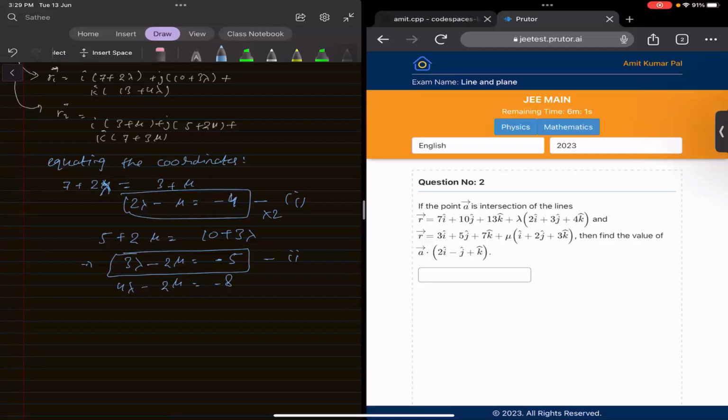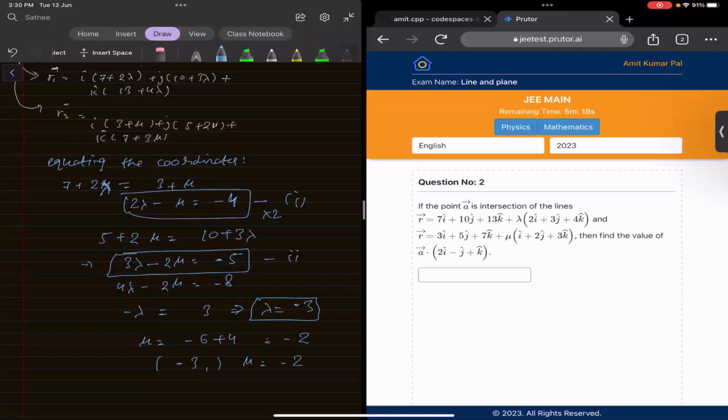Subtracting the two equations gives minus lambda equals 3, so lambda equals minus 3. Putting lambda equal to minus 3 in the first equation, mu equals minus 6 plus 4, which is minus 2. So we have lambda as minus 3 and mu equal to minus 2.